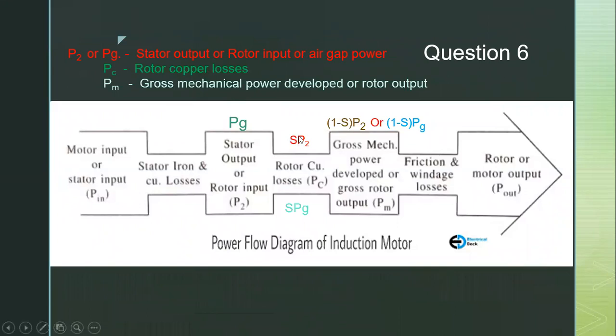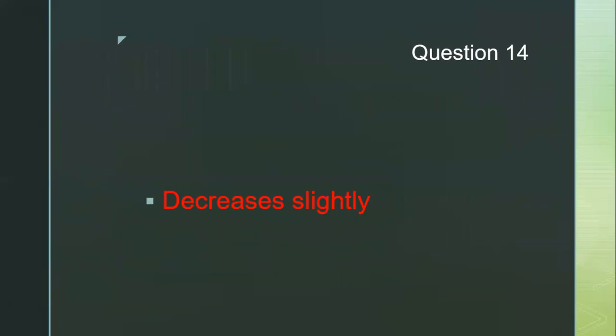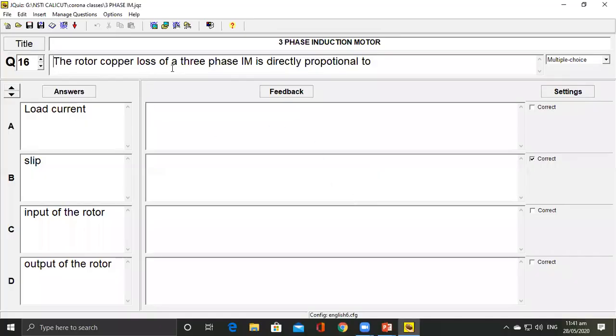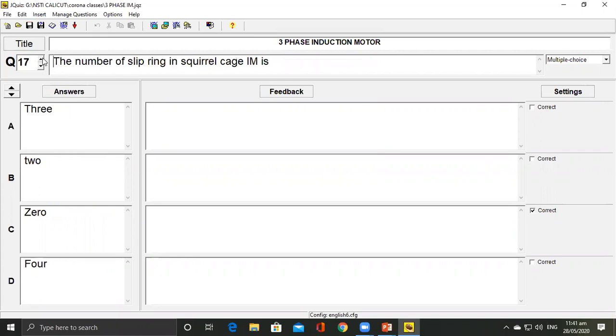This is important in the induction motor chapter, the power flow diagram. So it is S into P2. So our question is that the rotor copper loss is directly proportional to the slip. So the answer is option B.